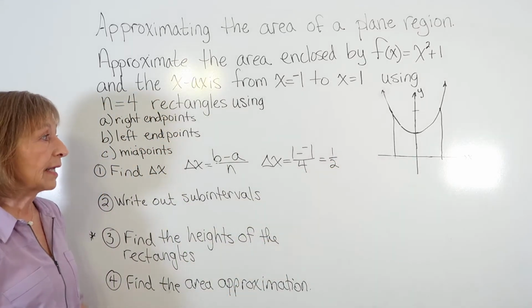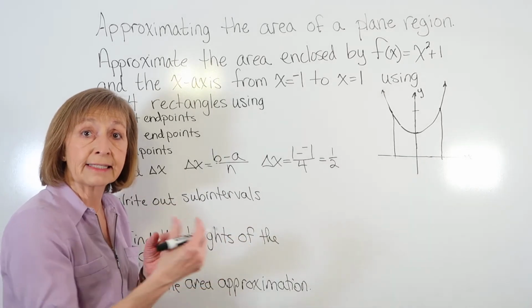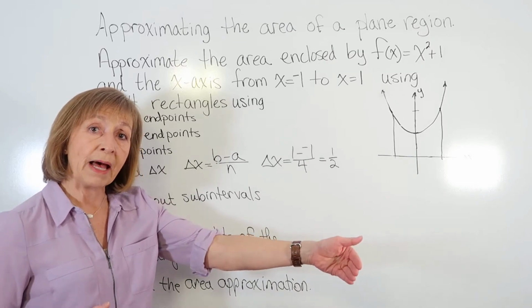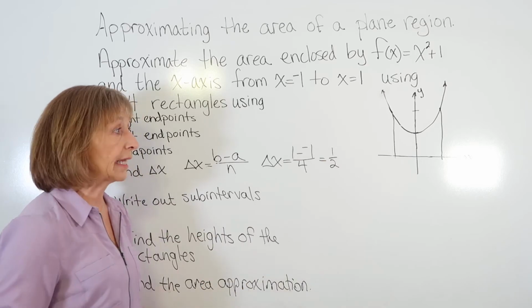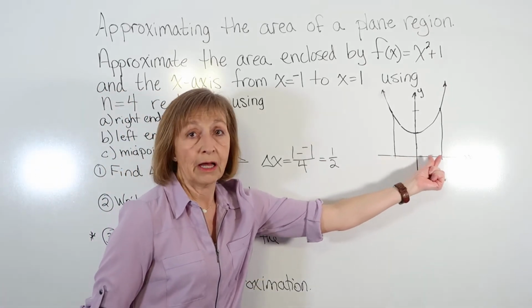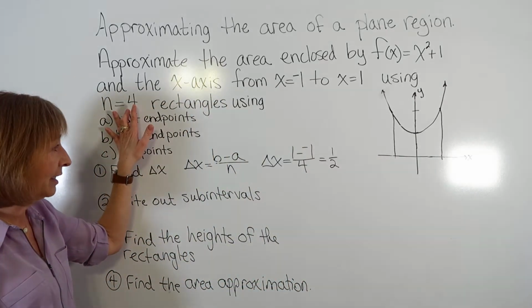So then we want to say, well, if I took increments of 1/2 along the x-axis, starting at x equal -1 and ending at x equal +1, what would be my little subintervals that I would get along there? So I want to break this interval up into 4 equal subintervals because it asked me that in this question.